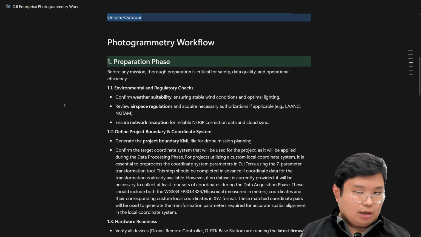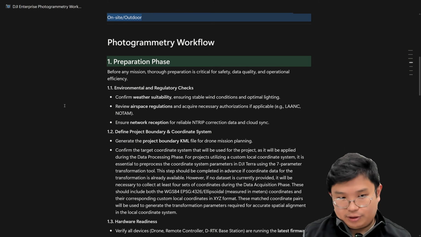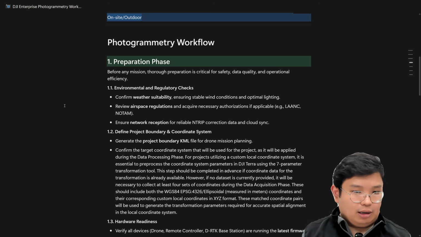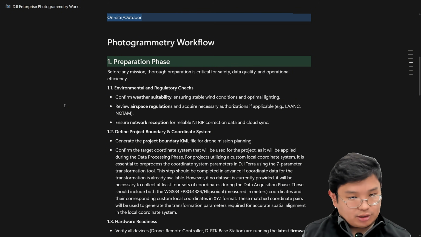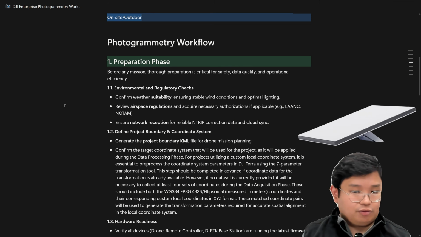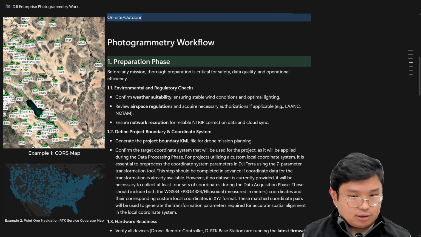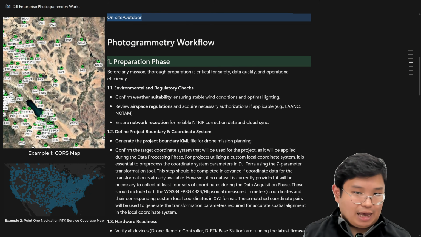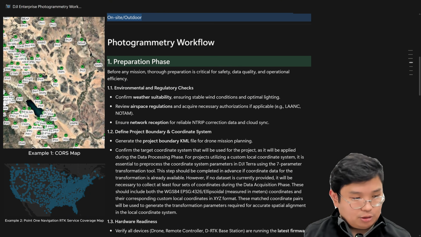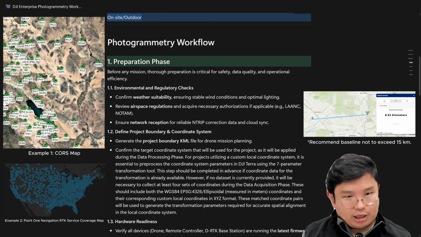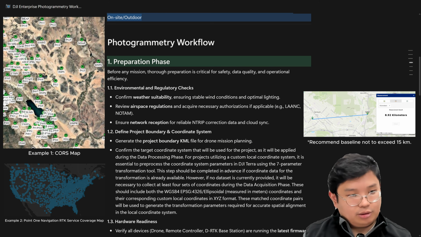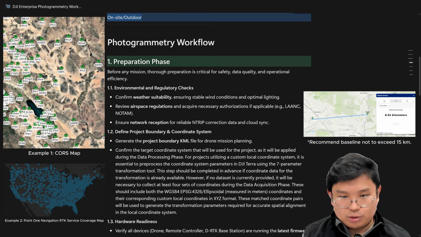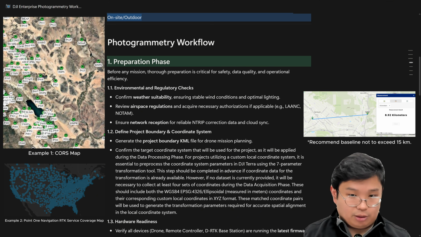If you're using an NTRIP network or any sort of network connectivity to acquire a map, for example, make sure you have internet connectivity. If you use the NTRIP service, make sure that the NTRIP service has network reception at the area where you're flying. You can verify this by checking the baseline between your site location to the closest station under the NTRIP network.